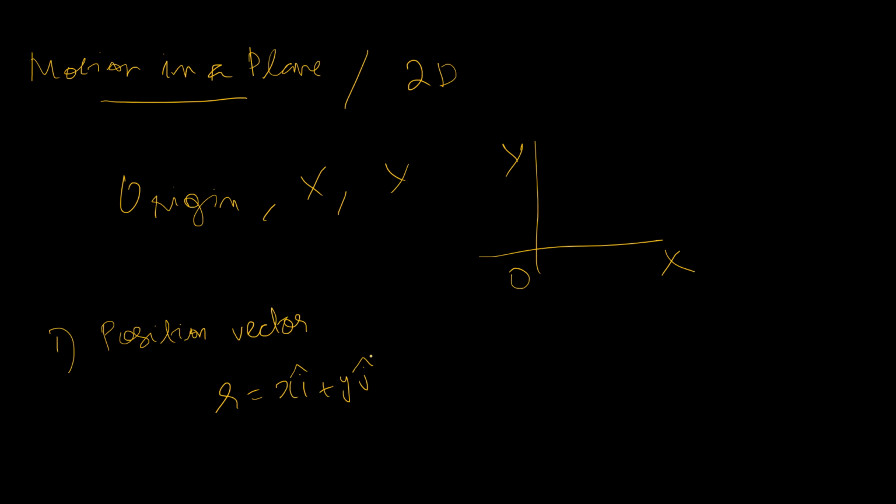The direction of the position vector r is given by the angle theta with the x-axis, where tan theta equal to y by x. In 3 dimensions, we can represent the position vector as r equal to x i cap plus y j cap plus z k cap. Now let us move on to the next one.